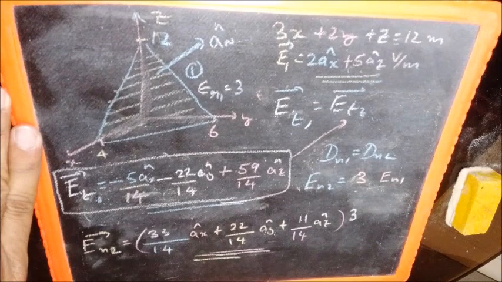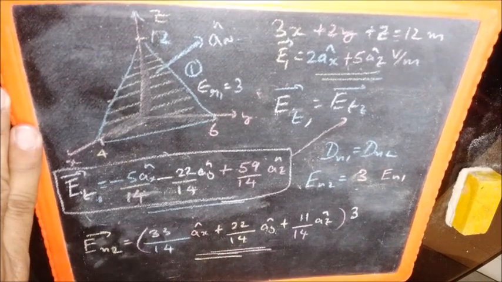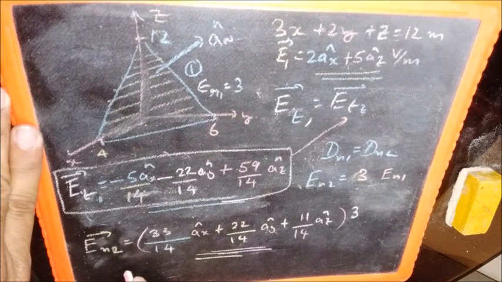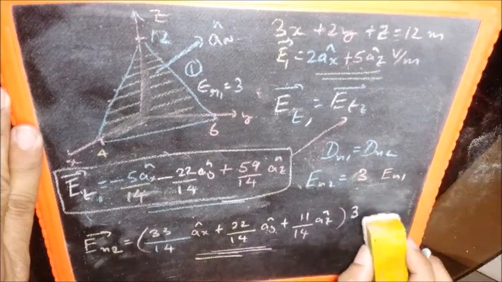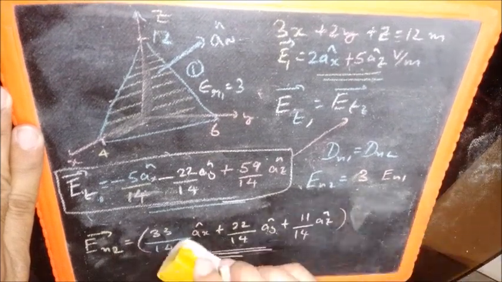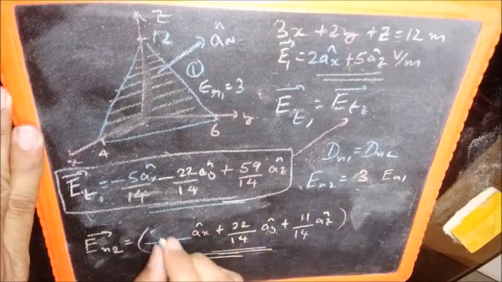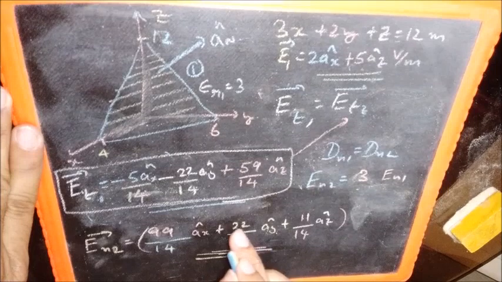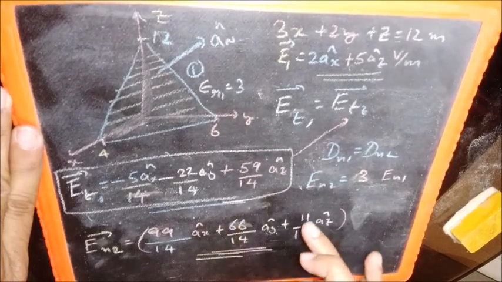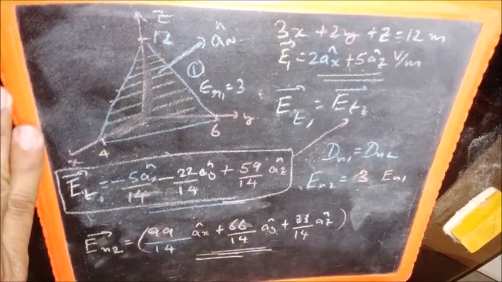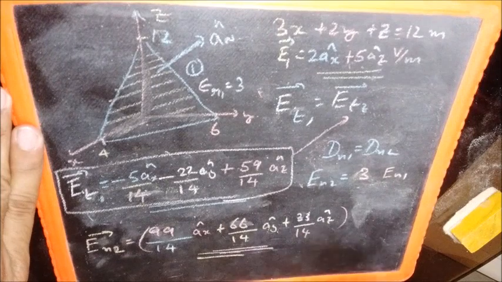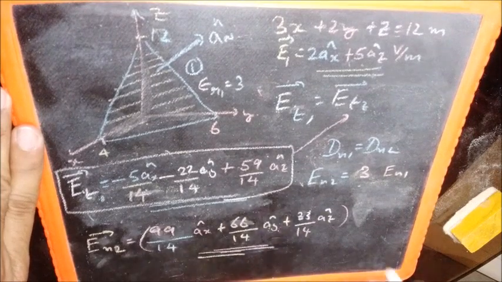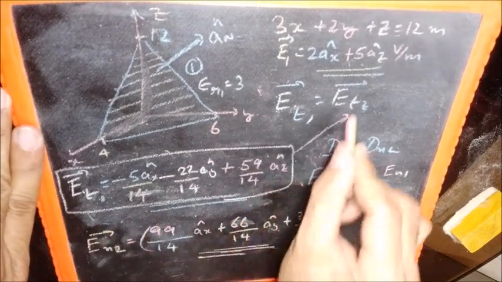It's a simple multiplication. If I multiply it here, this becomes 99 because 33 into 3 is 99. 22 into 3 is 66. 11 into 3 is 33. Therefore, we have En2 with us, and Et2 is the same as this because of this relation.